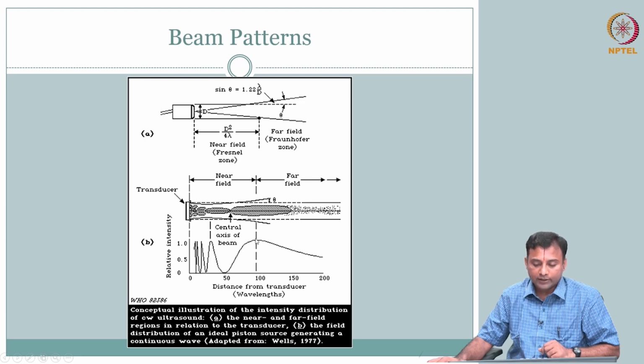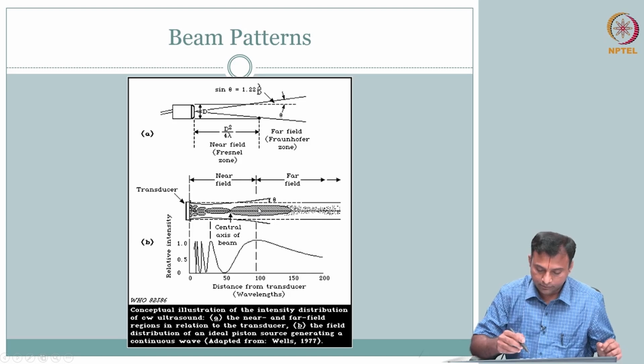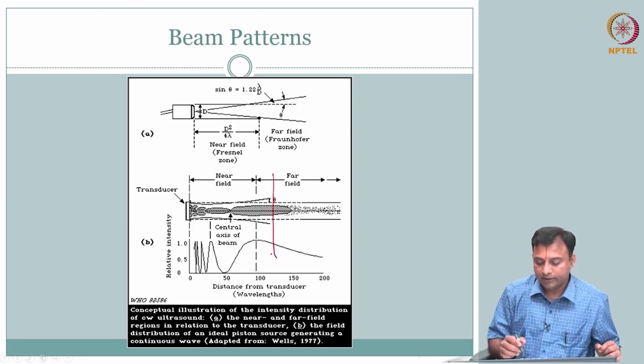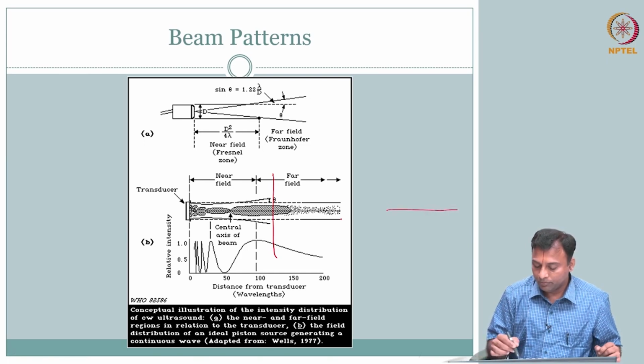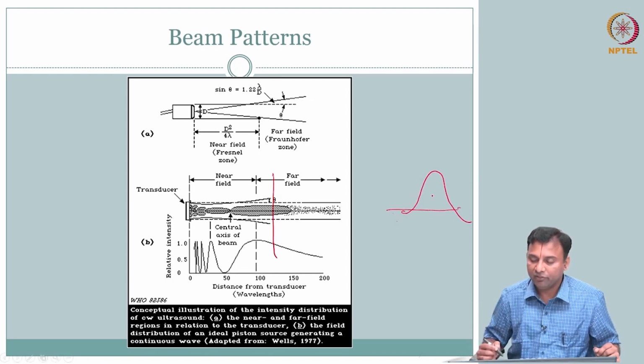If you take a cross section, right, if I am to do the intensity there, I am just doing a rotation so that it is easy for me to draw. What you are seeing is going to be predominantly, here you are going to see an intensity map like that. This is in the far field.